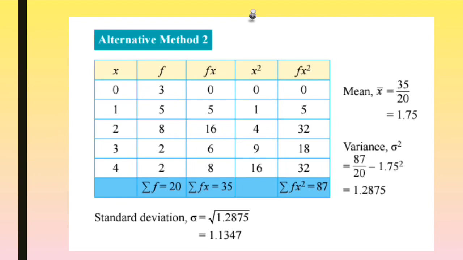And then you find the variance. Variance is equal to summation of the fx square over n, minus mean square. So it is 87 over 20 minus 1.75 square. The answer is 1.2875. By using the frequency table, this is also a very systematic method to find variance.